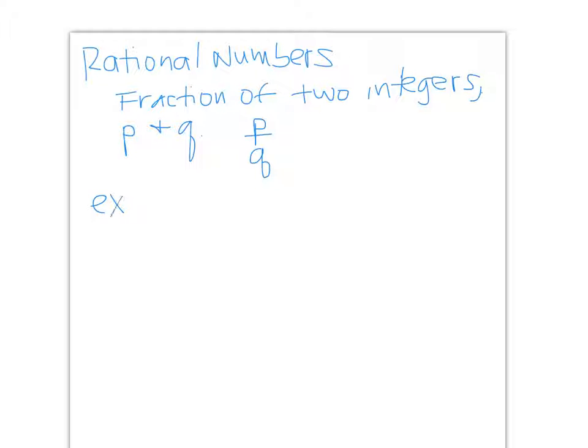So let's look at examples. Rational numbers include 1/2. So 1 is an integer, 2 is an integer, and there we have the fraction of those two numbers, and so that's a rational number. We can have negative 17 over 23.